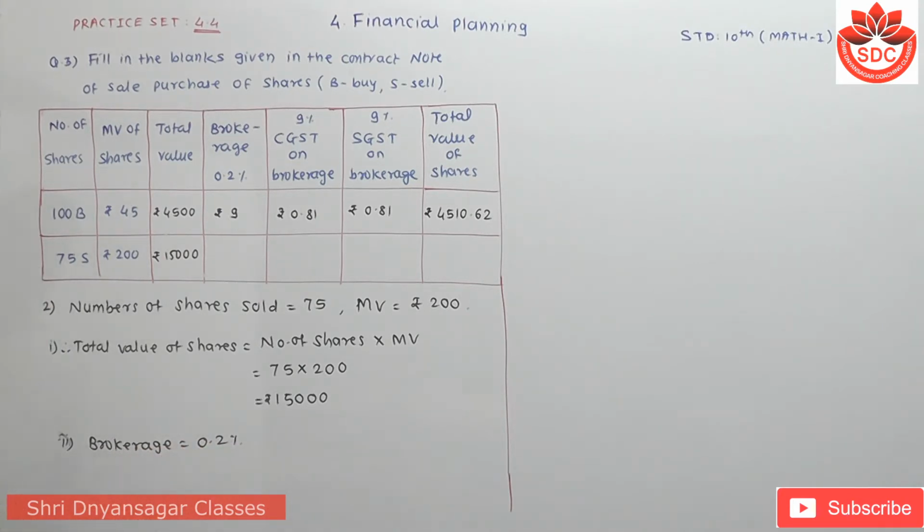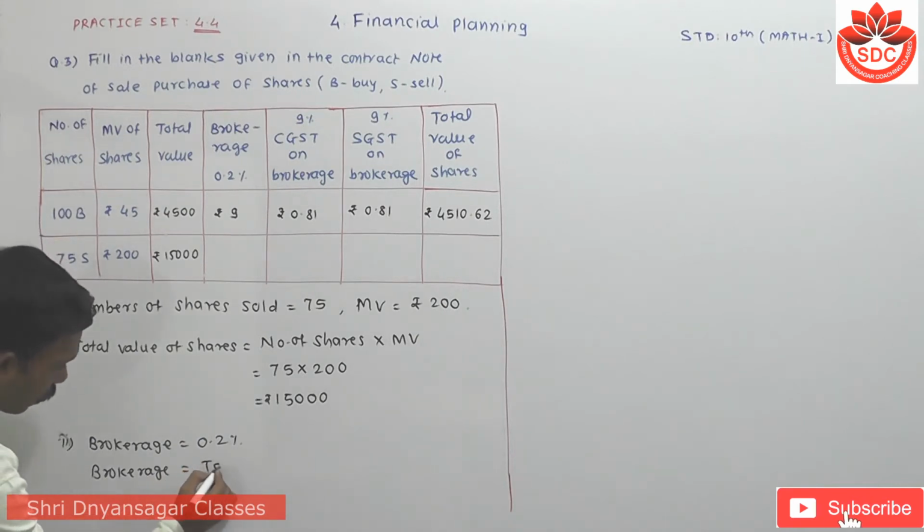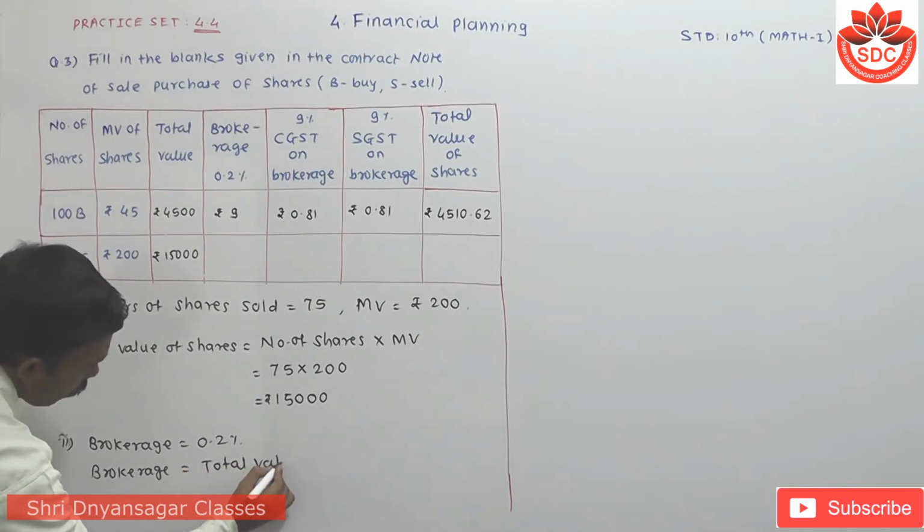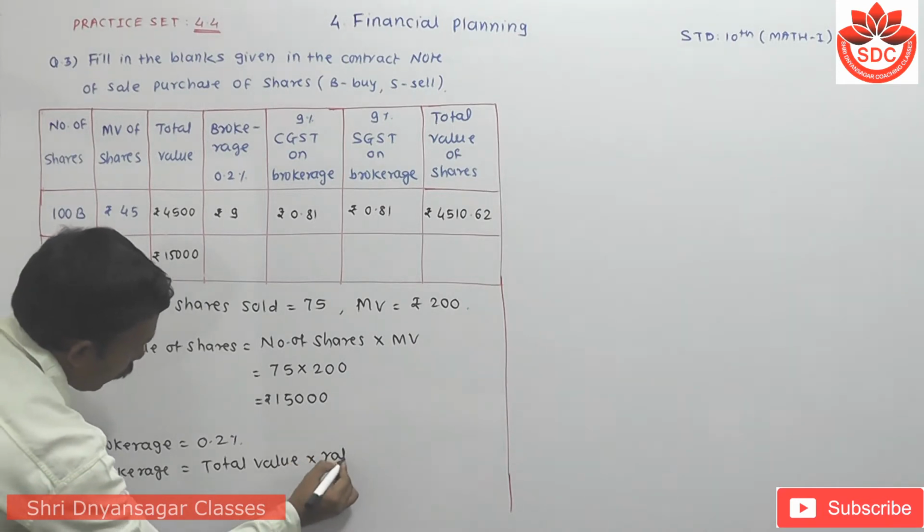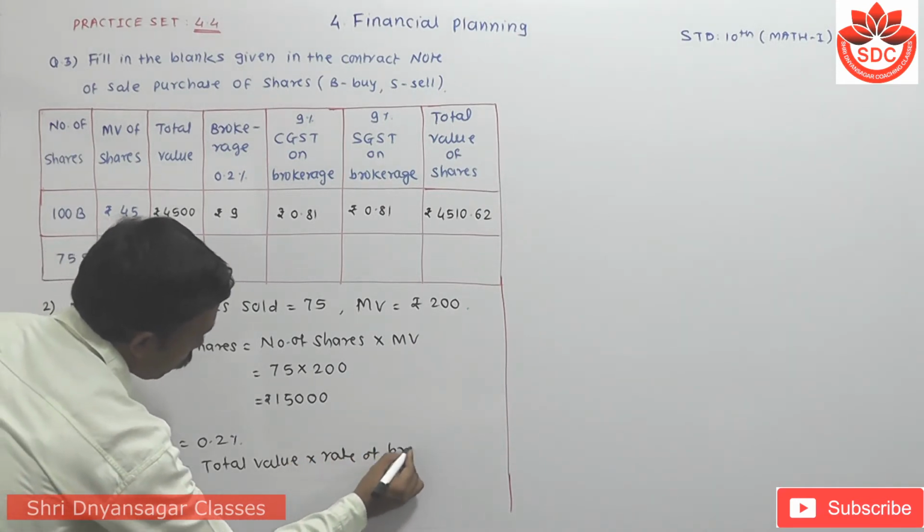0.2% means that total brokerage is equal to total value into rate of brokerage.